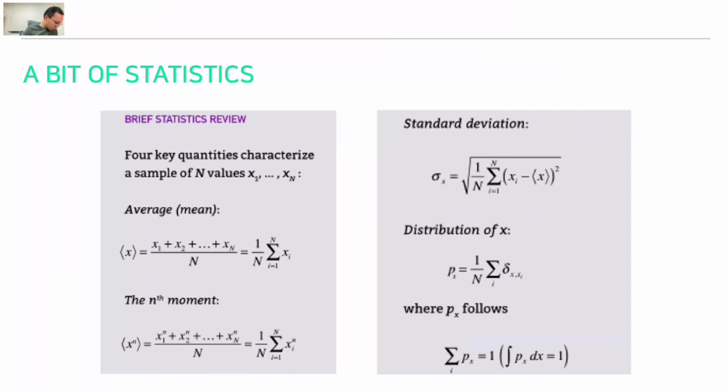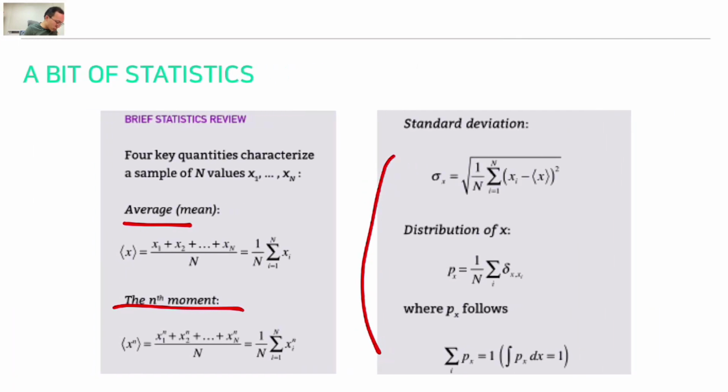So we can define their average, right? And we can also compute the nth moment, right? And we have standard deviation and distribution, right, for the degree data.